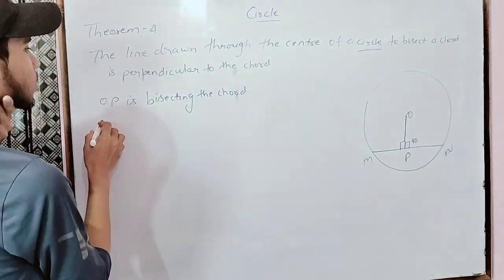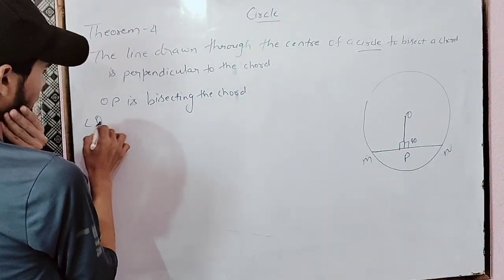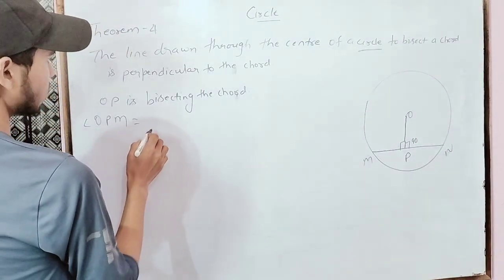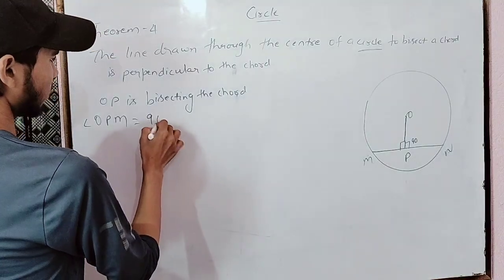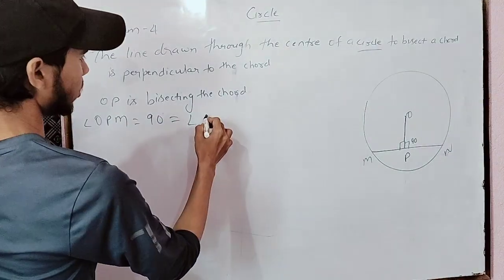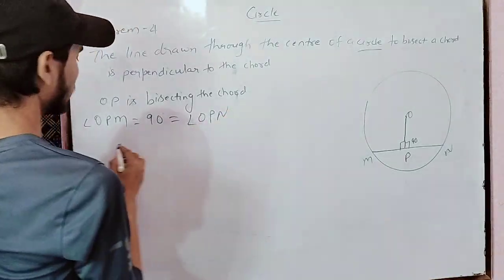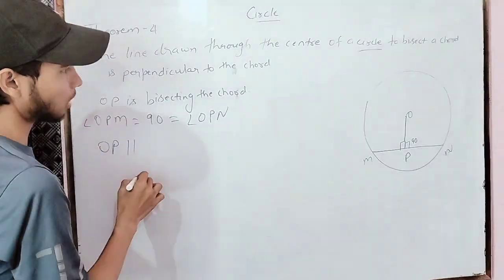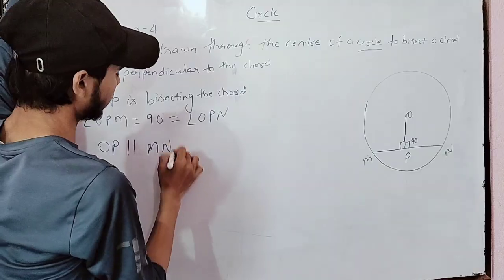Where angle OPA is 90 degrees. So angle OPB too. Now the main point was that OP is perpendicular to AB. This was the main point.